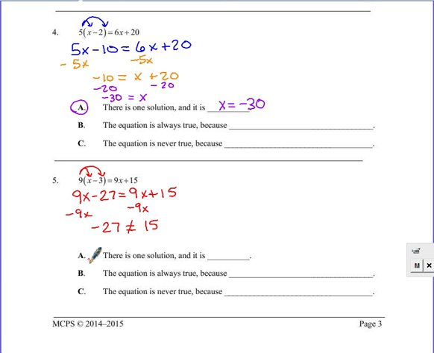So that means this equation is never true, because negative 27 does not equal 15. So there's no answer to that problem. There's no solution. All right, next problem.